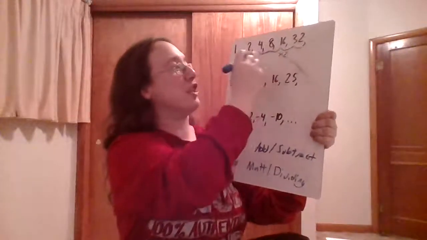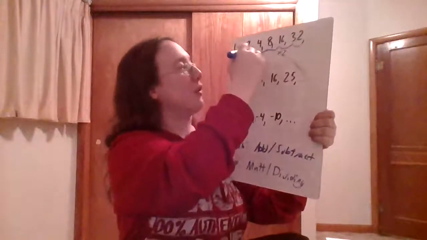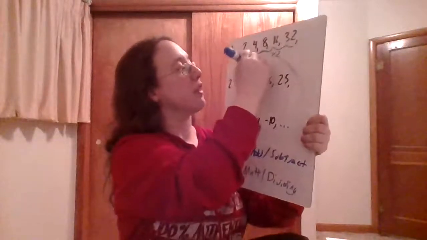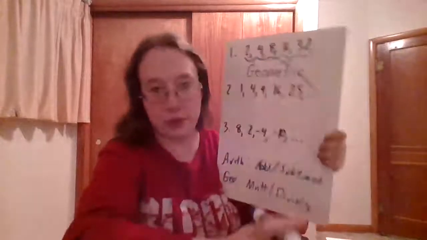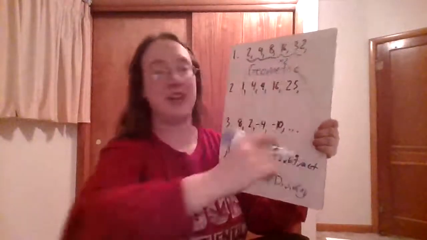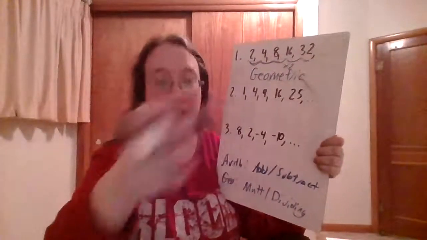We're definitely not adding 2 every time. Okay, 2 times what would give me 4? Oh, 2. So we've got times 2, times 2. This is geometric. And feel free to abbreviate with arith or geo, or you can cut that off there. As long as I can tell whether you're writing arithmetic or geometric or neither, you're good.